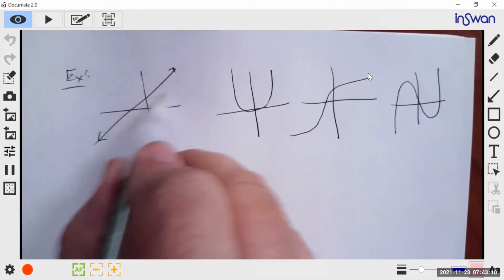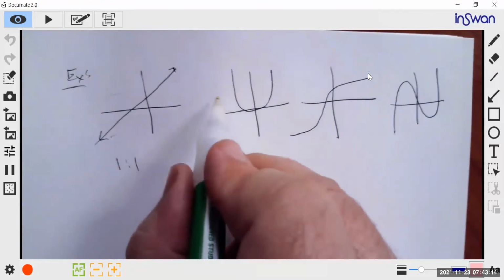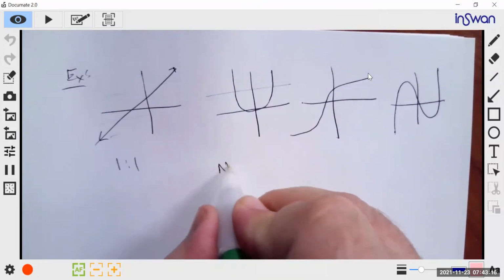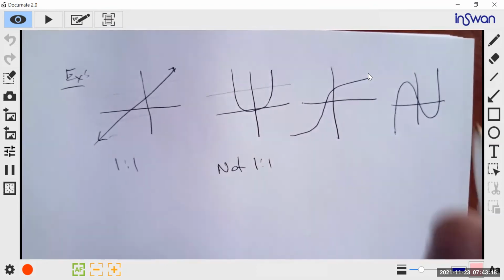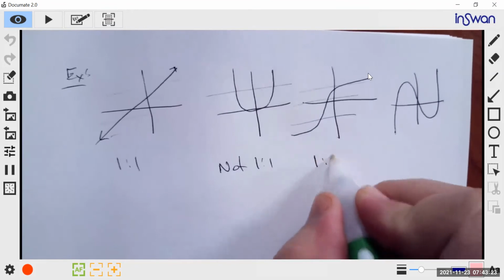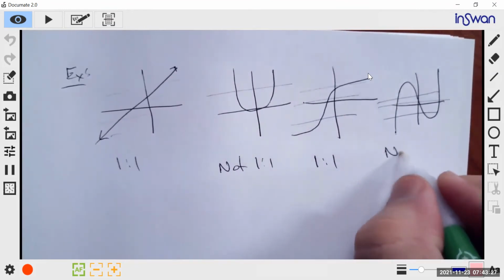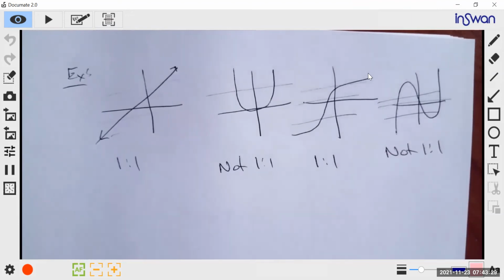So with the horizontal line test, this passes, this is one-to-one. This one fails, not one-to-one. This one, the horizontal line test proves that it's one-to-one. This one is not one-to-one.